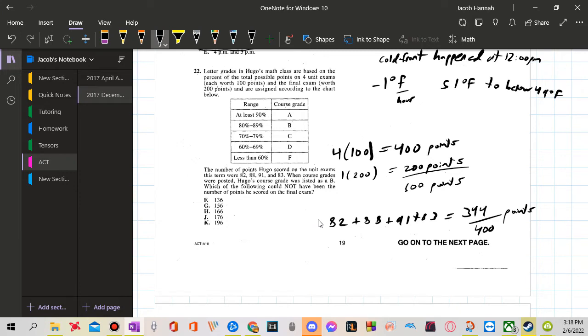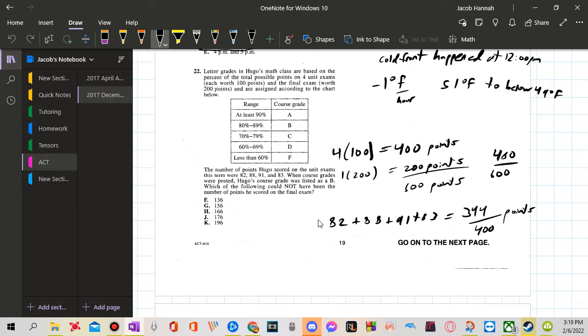To get a B, you need to get at least 80%. So 80% of 600 is 480 divided by 600. So if he got 344 points on the unit exams, then he needs to get higher than what this value is.